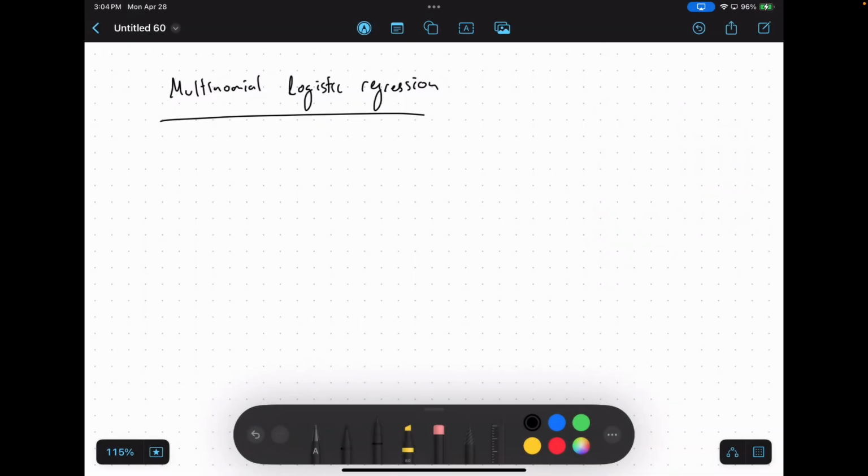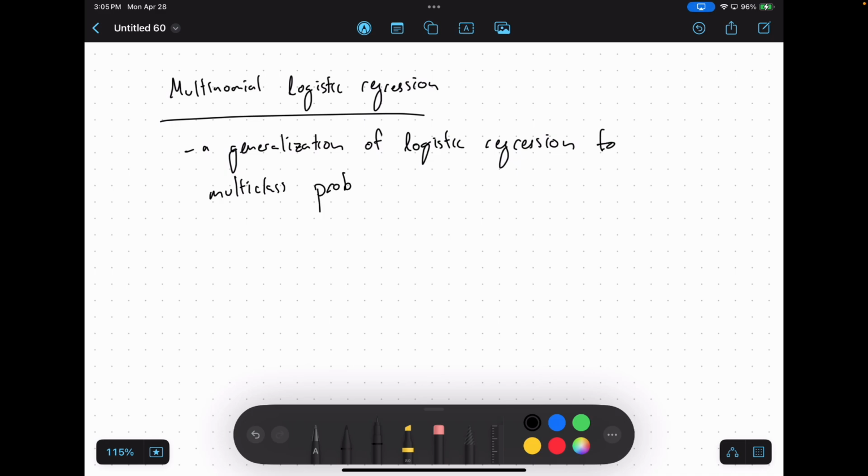So multinomial logistic regression is just a generalization of logistic regression to multi-class problems. We were first dealing with a binary outcome. So you have f of k, i, where this is our outcome and this is our observation.